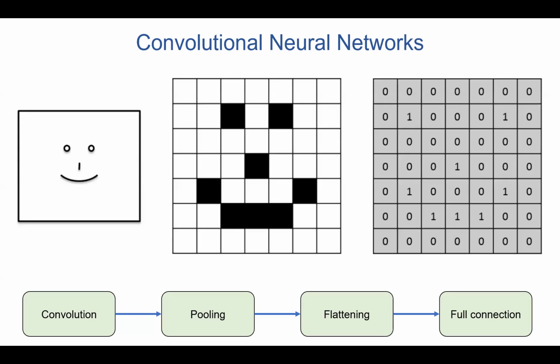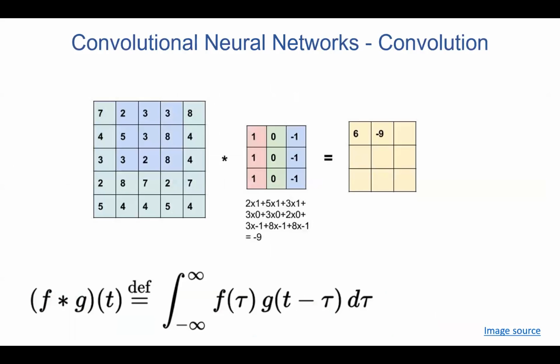All right. The first thing the convolutional neural network does is take an image and apply several convolution operations. What is it? How many of you have heard of or actually performed convolution operations? Yes. Okay. A convolution is a very, very simple operation.